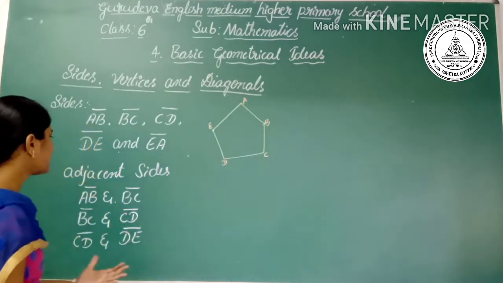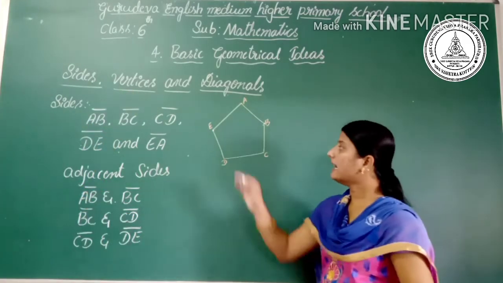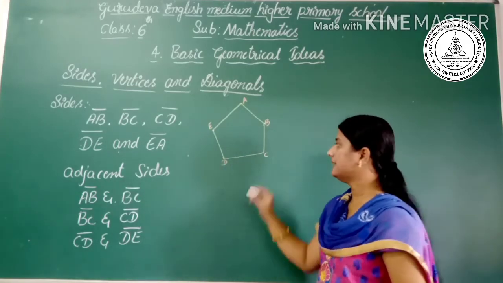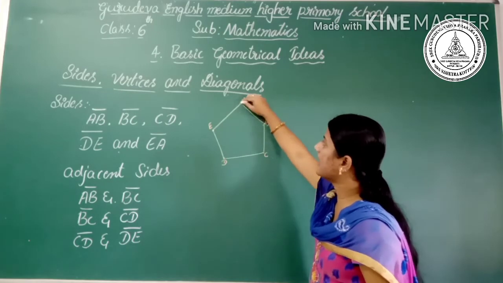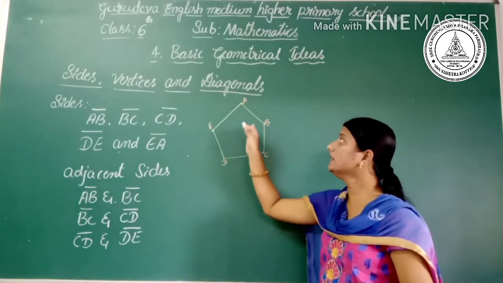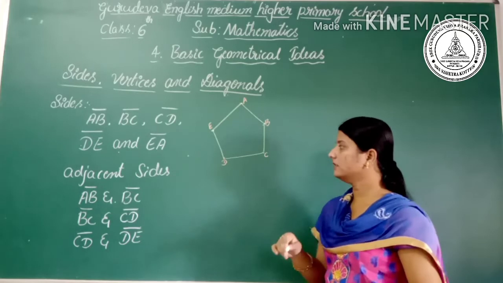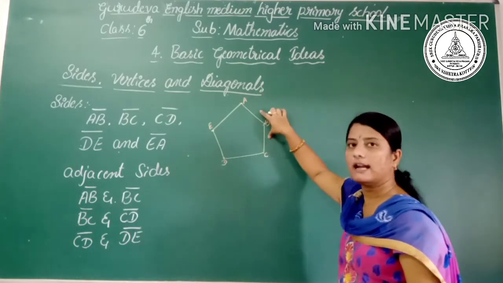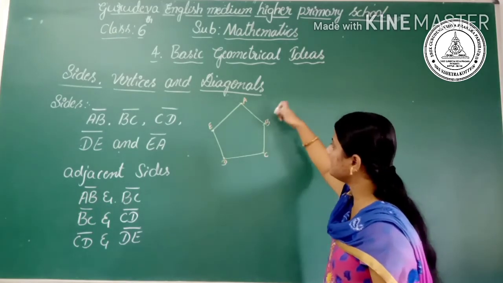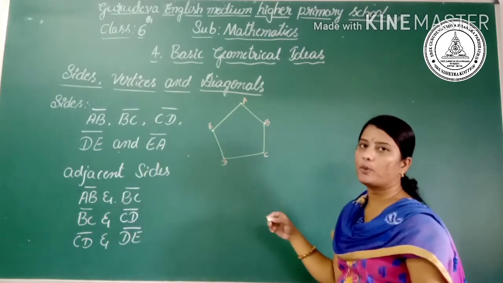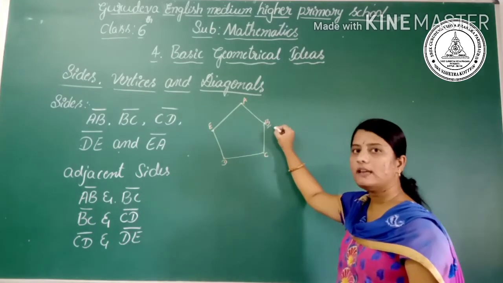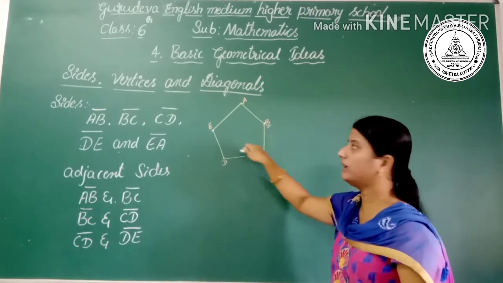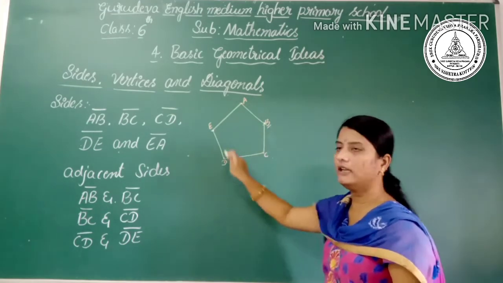Next, vertices. Where the adjacent sides meet at a point, that point is called a vertex of the polygon. Here the two adjacent sides AB and BC meet at one point, that is B. So B is a vertex of the polygon ABCDE.